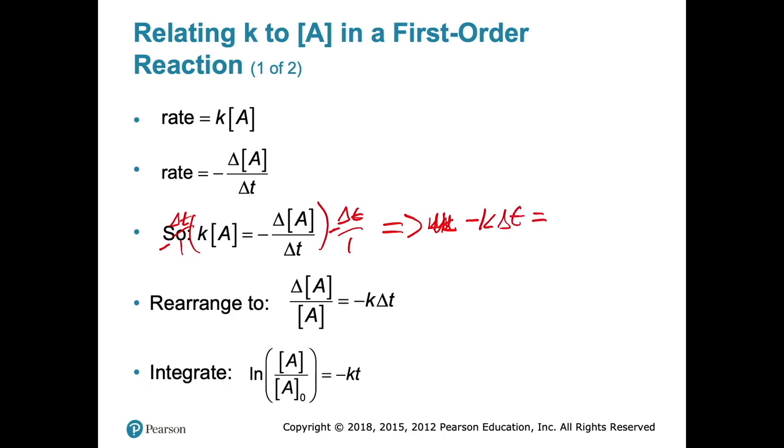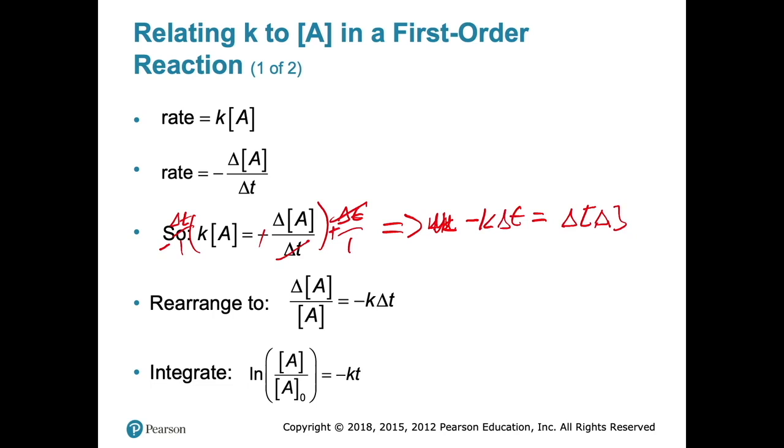the change in A. So we've gotten rid of this because we canceled that out, right? And we get rid of those minus signs because we canceled those out because two minuses make a positive, right?